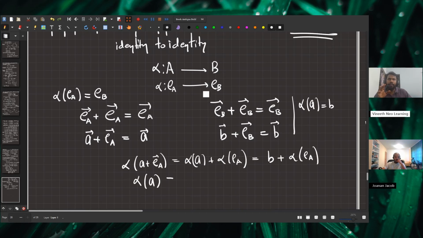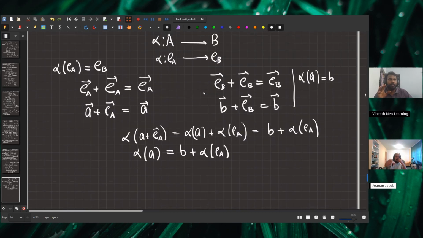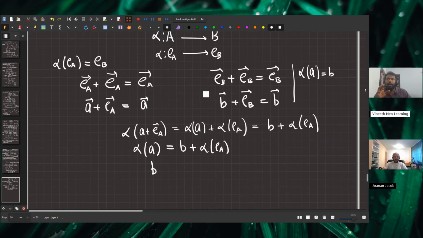This can be written as alpha of A equals B plus alpha of EA. Then alpha of A can be written as B. So B equals B plus alpha of EA.